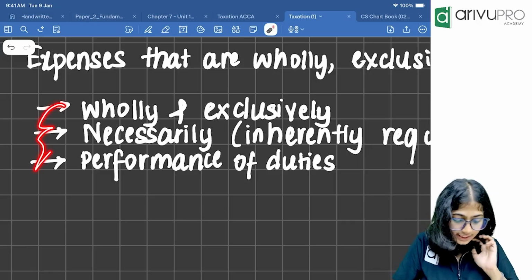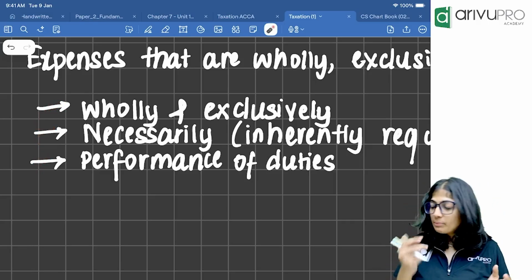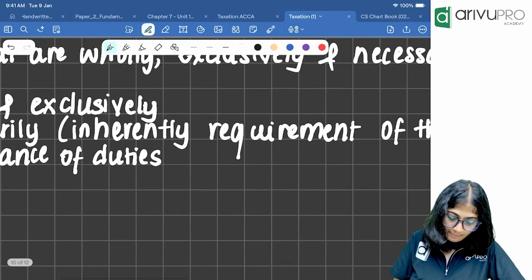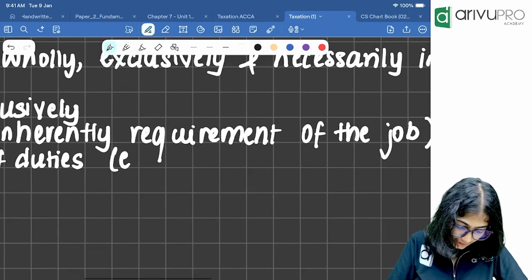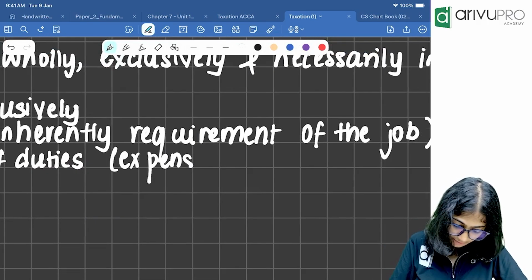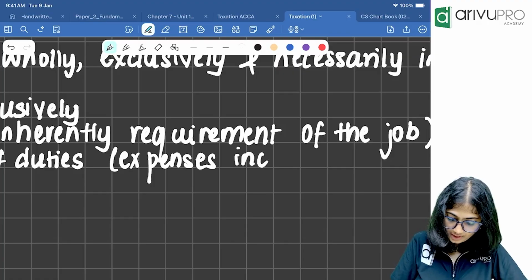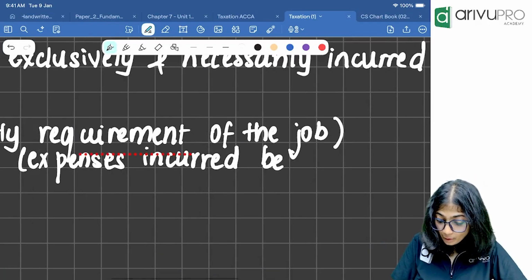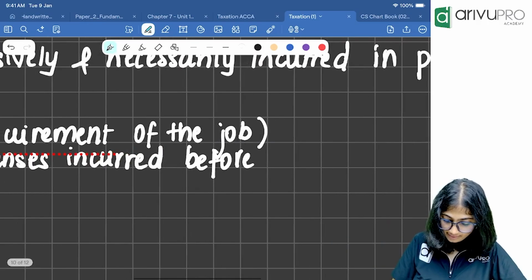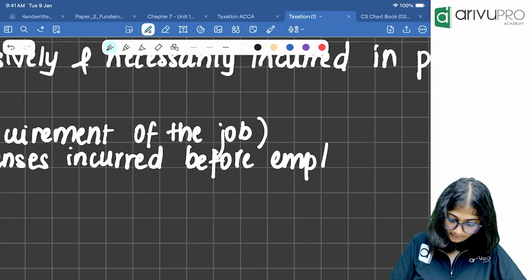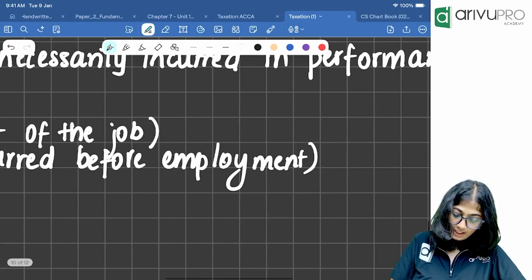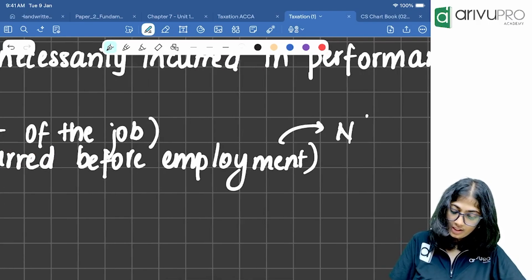Again, all of these are quite similar, but here you have to remember that expenses incurred before employment are not allowable.